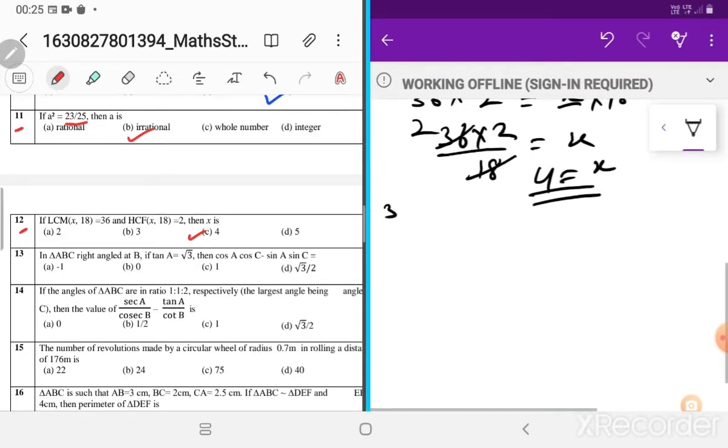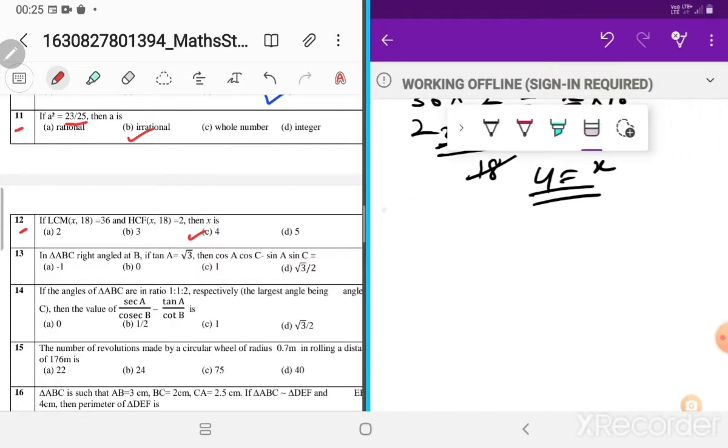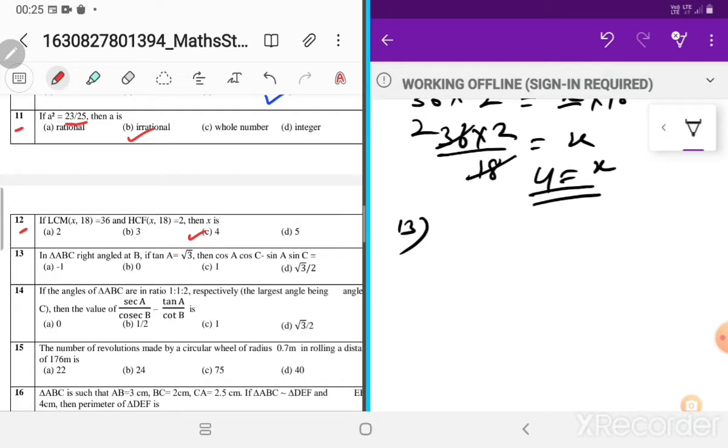Our 13th question is: in triangle ABC, right angled at B, we have one triangle. Whatever is given, accordingly we have to make the diagram.